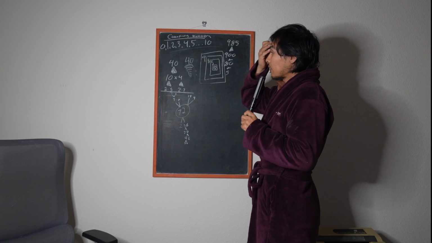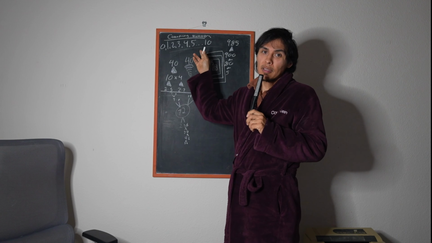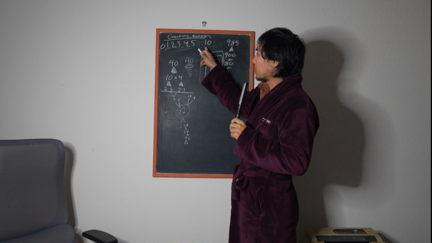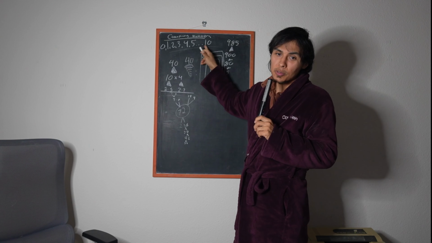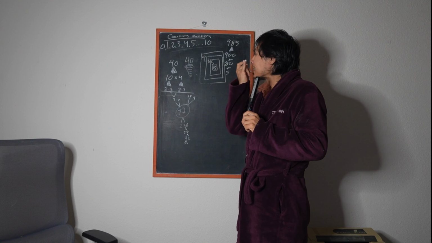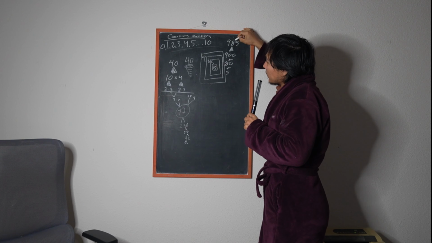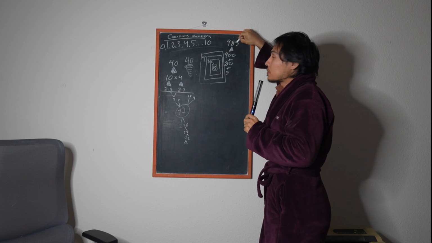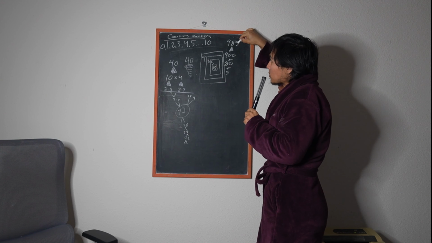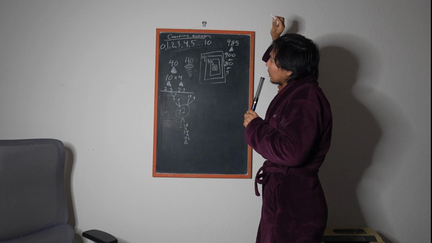I find it interesting that every number that we can think of is made up of just 0 through 10. That's interesting to me. But here we have the introduction of place values. This is our ones place, our tens place, and our hundreds place.